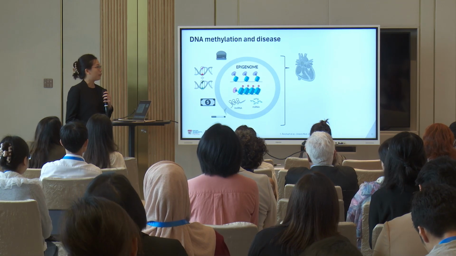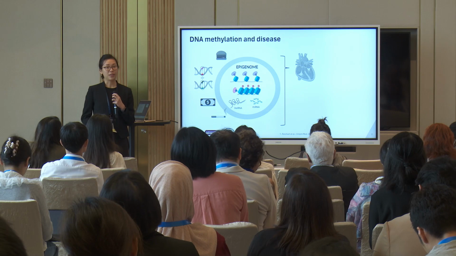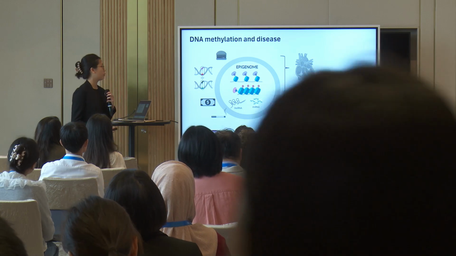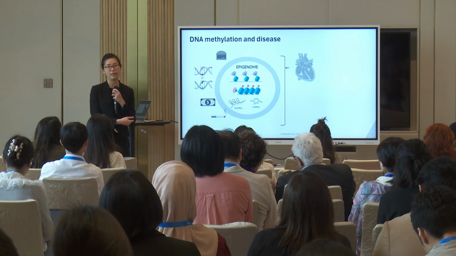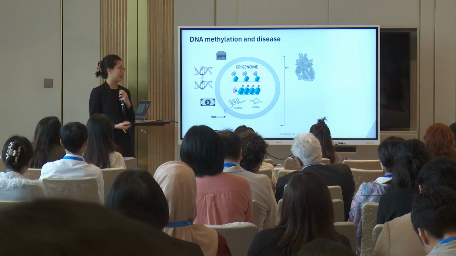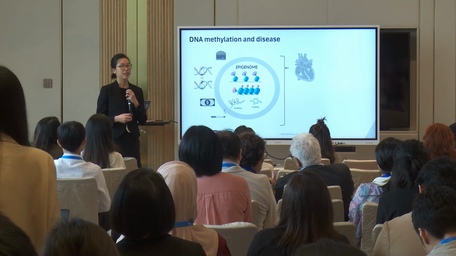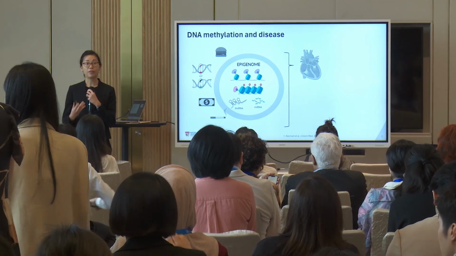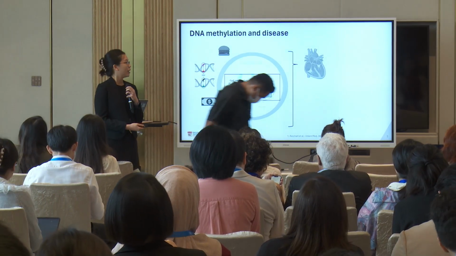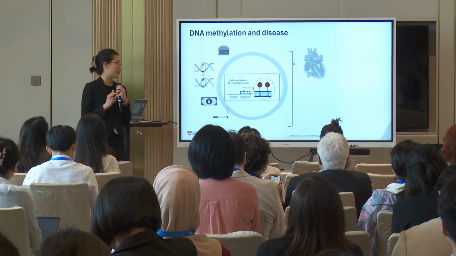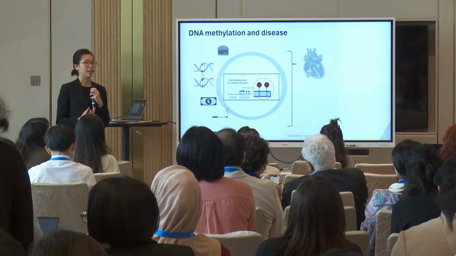Okay, so I'm focusing on epigenomics and specifically DNA methylation, which can be influenced by genetic variation and also environmental factors. And this in turn leaves changes on the epigenome, which affects gene expression. So the specific mark that I'm studying is DNA methylation.